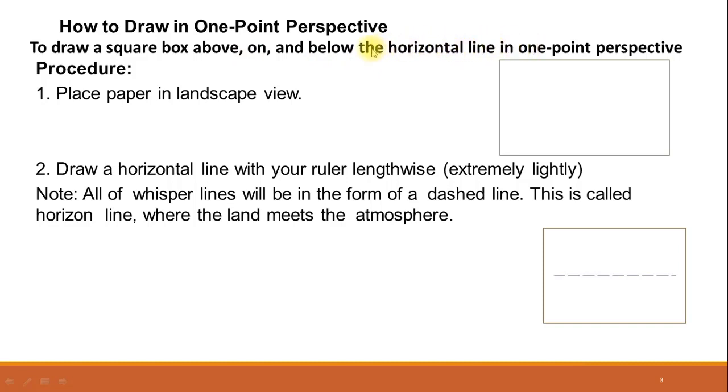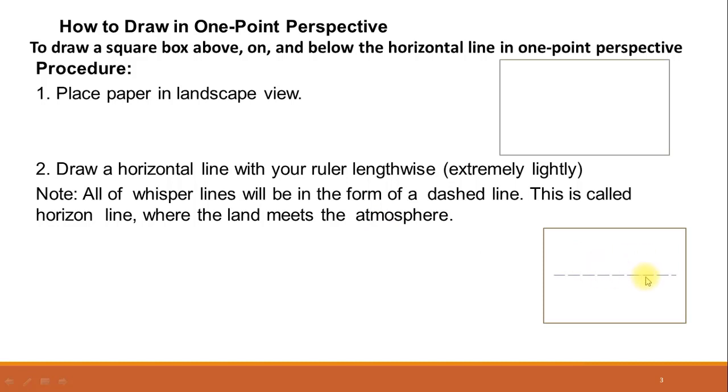When we draw any object by using 1-point perspective, the procedure is that first of all, place your paper in landscape view like this. Then draw a horizontal line with your ruler lengthwise, extremely lightly.